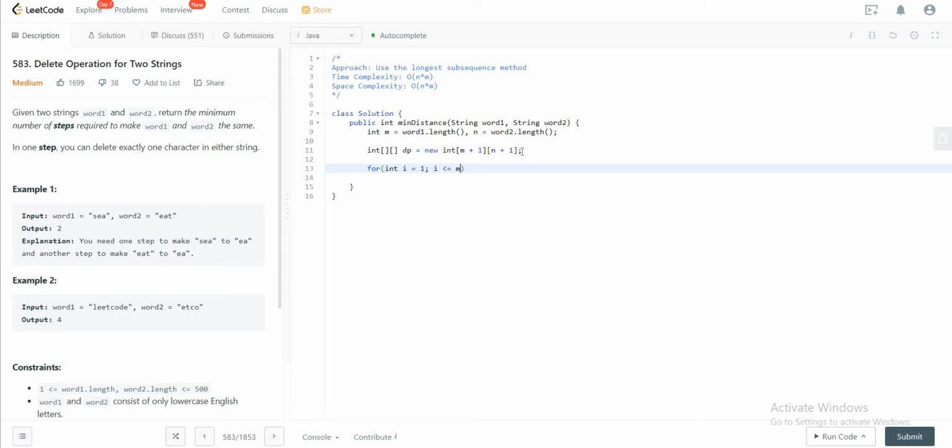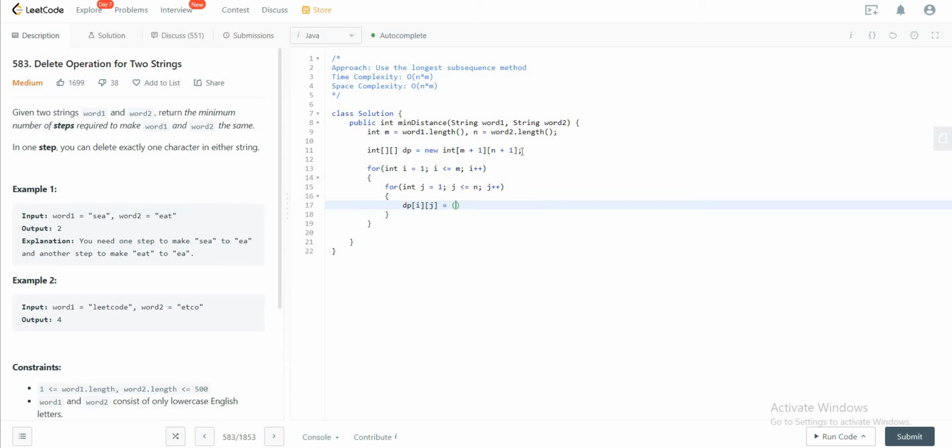Right, so let's set them up. For j equals 1, j less than or equal to n, increment j. And you need to update the DP value of i, j. And the way you're doing this is looking at both the characters.